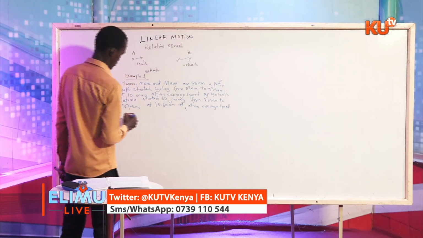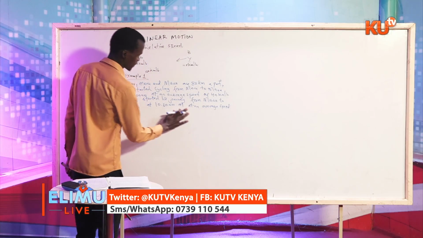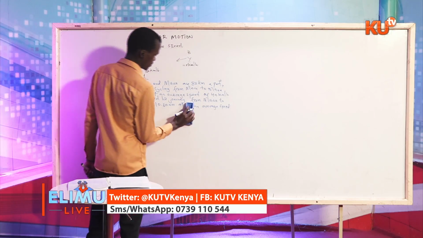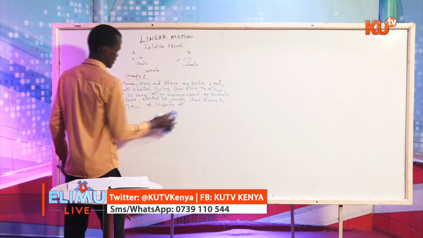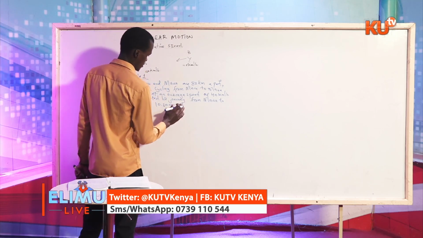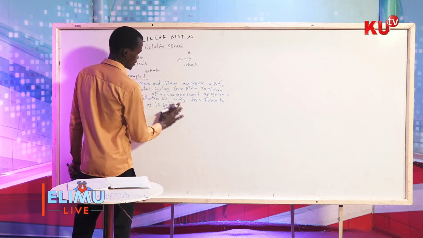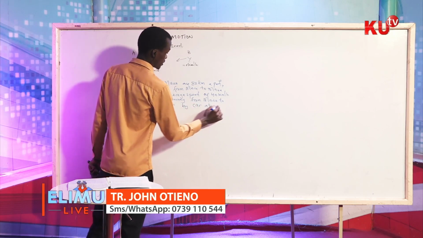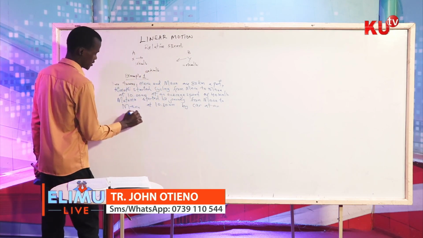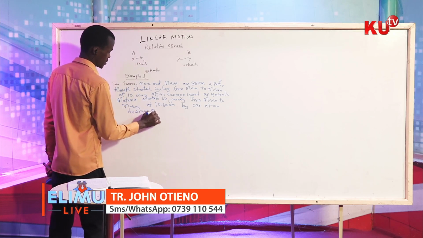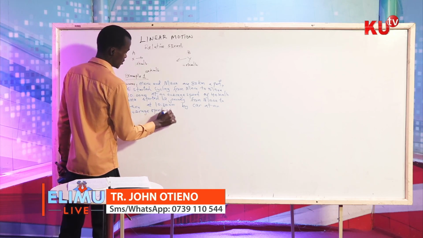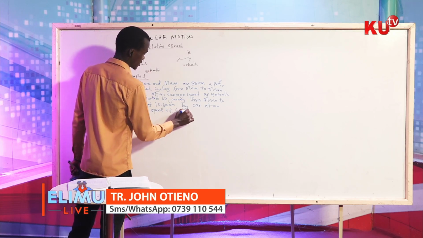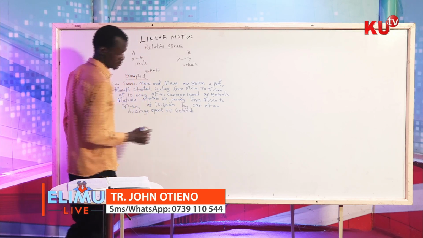So Mutuma is moving by car, at an average speed of 60 kilometers per hour.